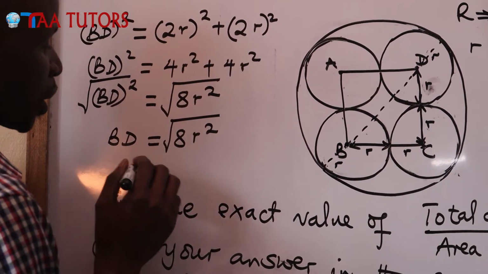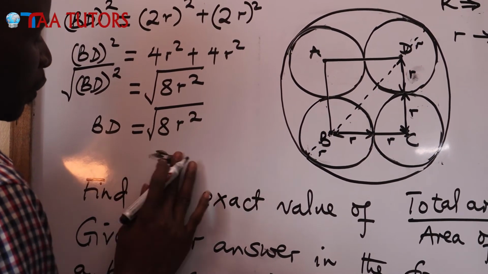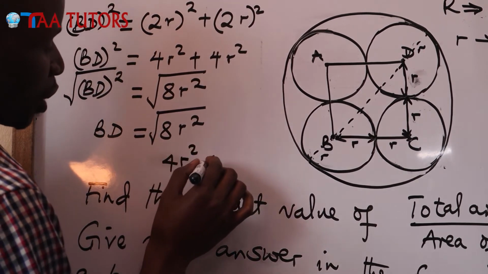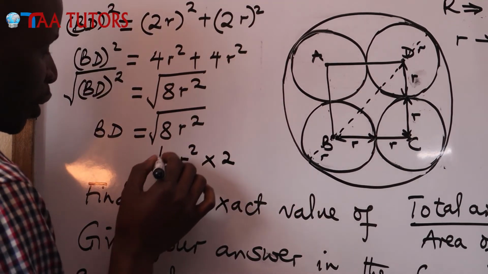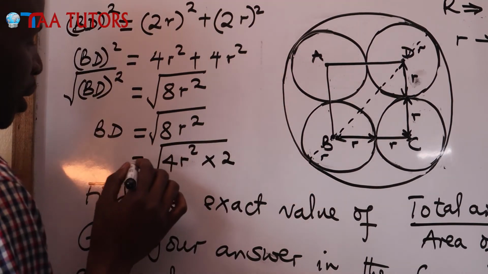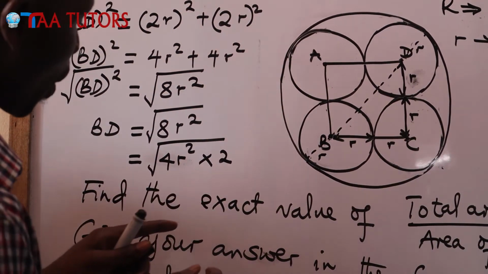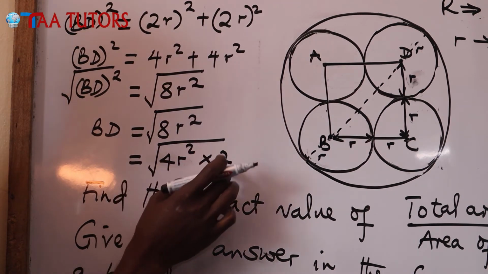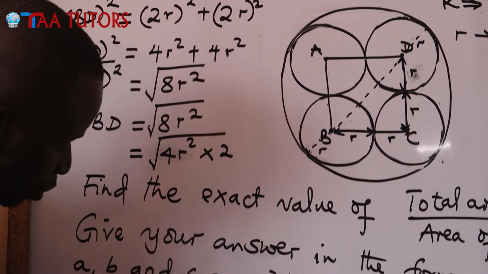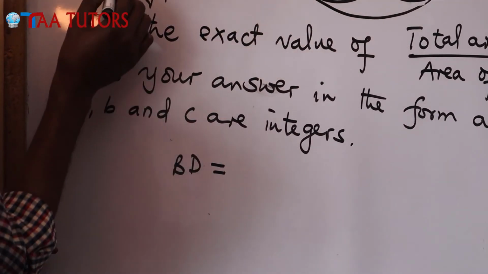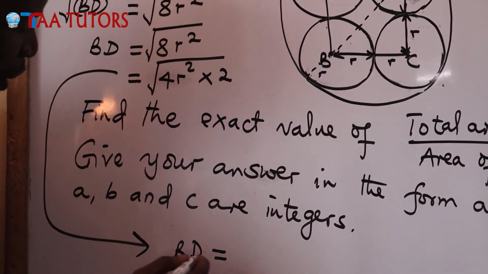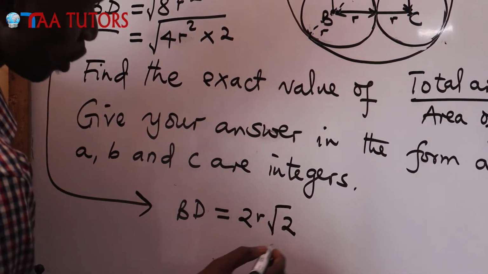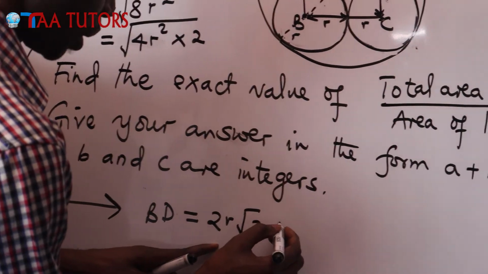We know that 8 is the same as 2 times 4. So this is the same as the square root of 4r squared times 2. We can get the square root of 4r squared, which is 2r, times surd 2. So BD therefore is 2r surd 2. That is going to be my BD.